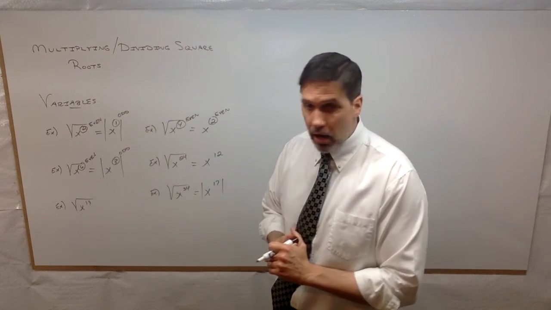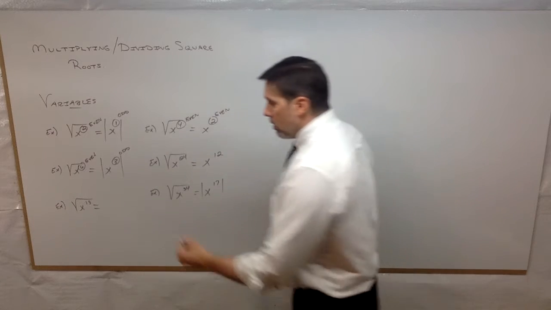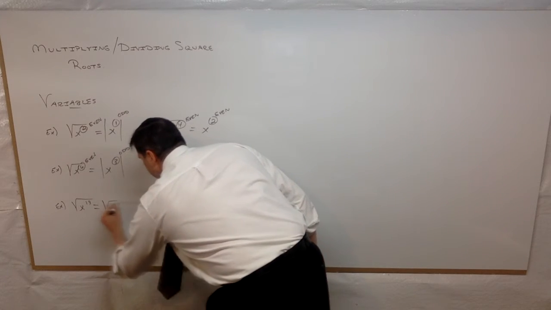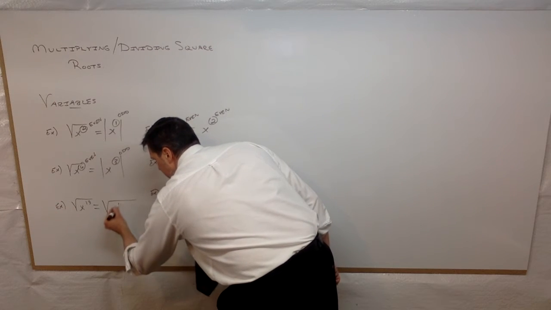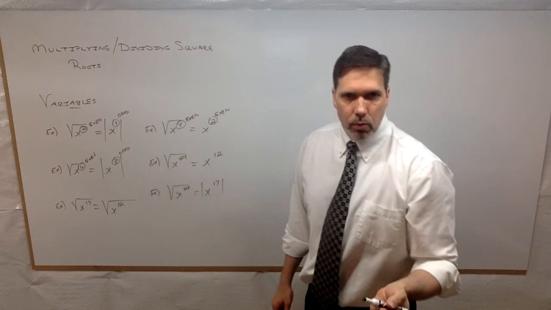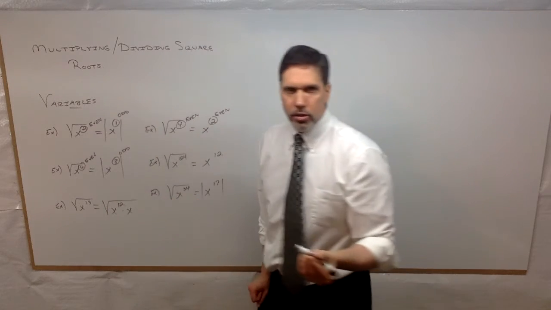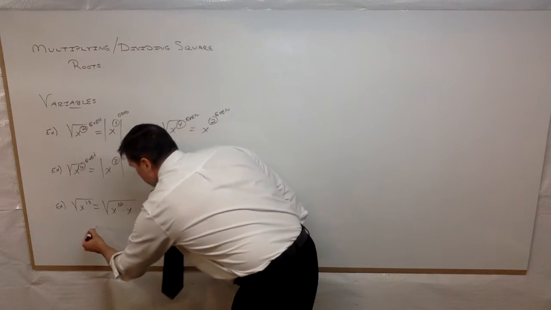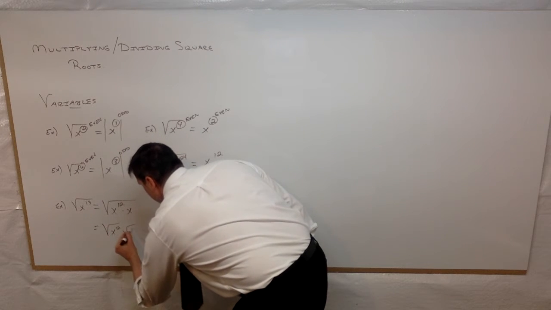Now the question is, how do you do this? You do this simply like we did before. What is the largest perfect square that divides into x to the 13th? That's x to the 12th. It's x to the 12th times x to the first. The square root of x to the 12th times the square root of x.